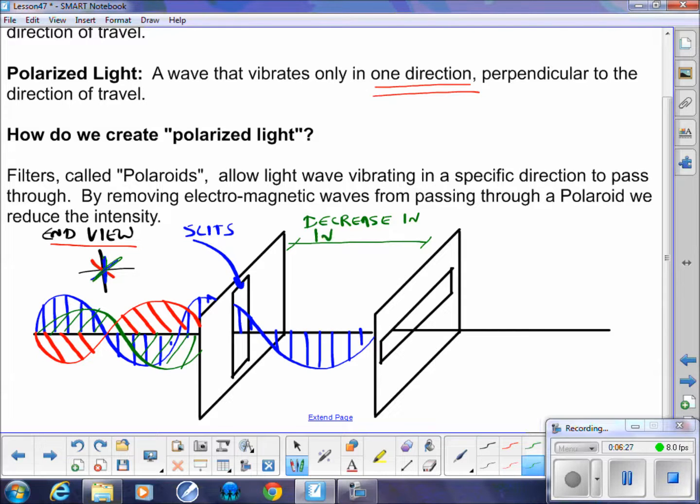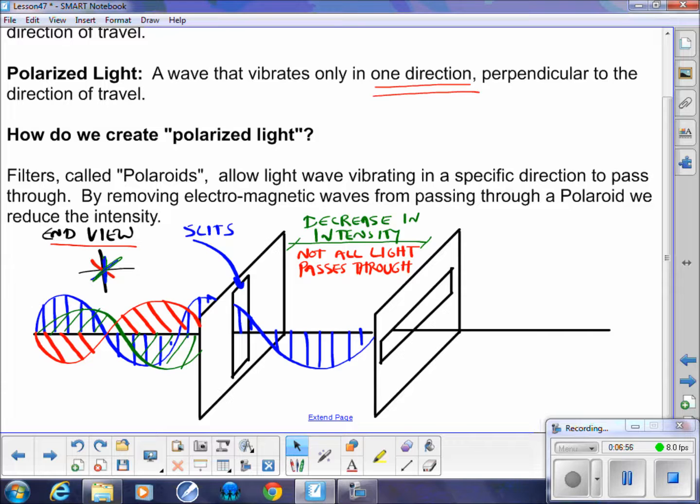And that's because not all light's getting through. So the Polaroid is blocking certain light from passing in it, and it's the ones that are vibrating out of phase.